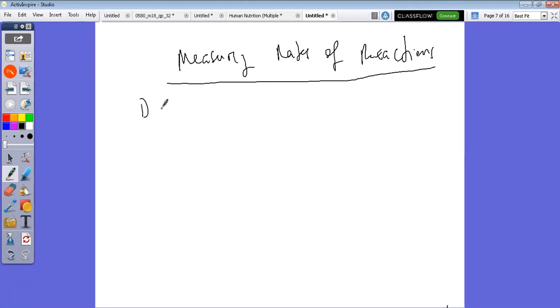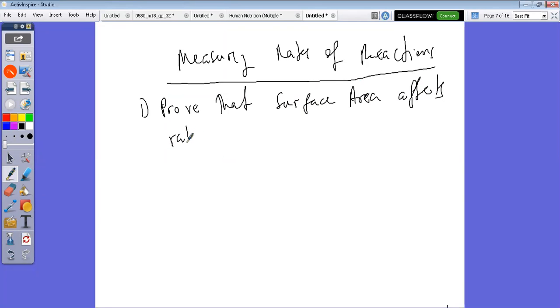Let's say we want to prove that surface area affects rate of a reaction.